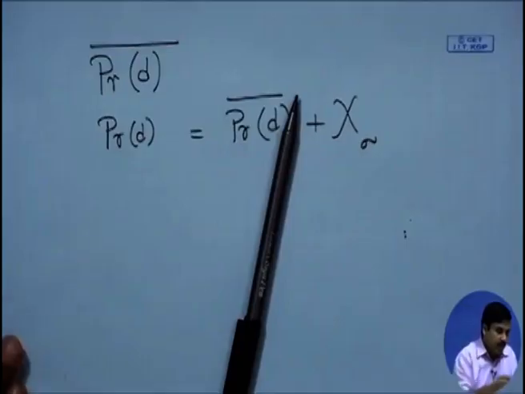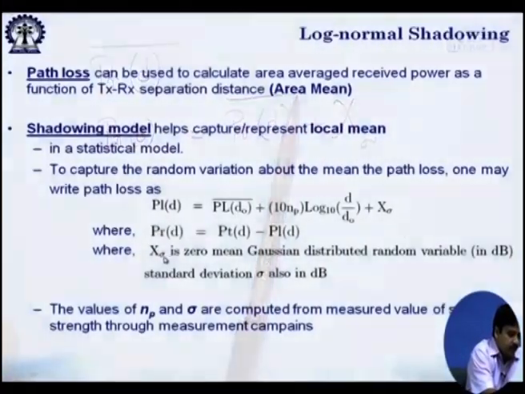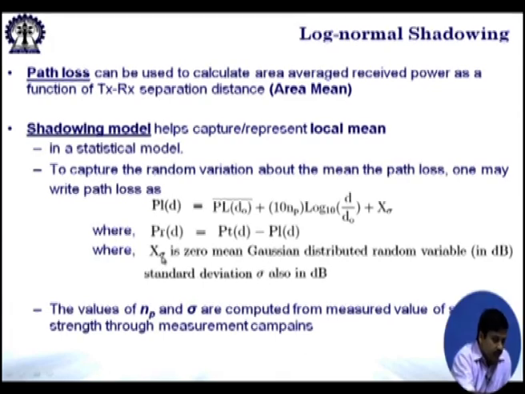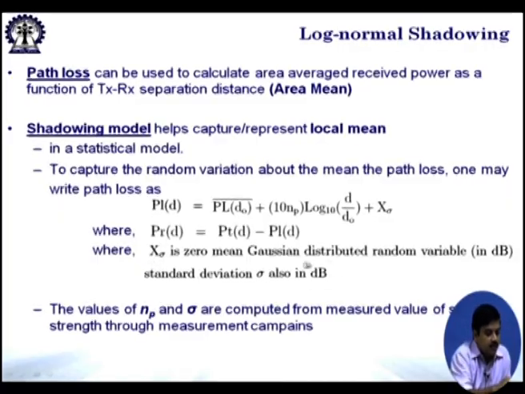Now, this random fluctuation X sigma has been found from measurements to match a Gaussian distributed random variable in the dB domain. That means, when the received signal strength is measured in decibels, under such conditions this sigma follows a Gaussian distribution, and this sigma, which is indicated below in X, sometimes also referred to as chi, is the standard deviation of this Gaussian random variable and is also given in dB.